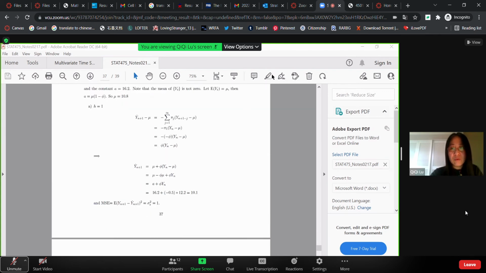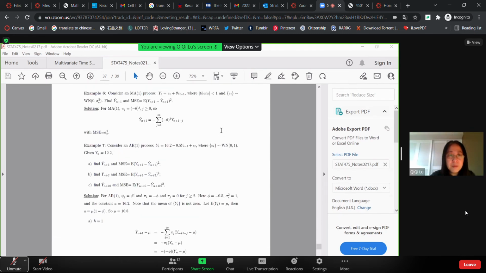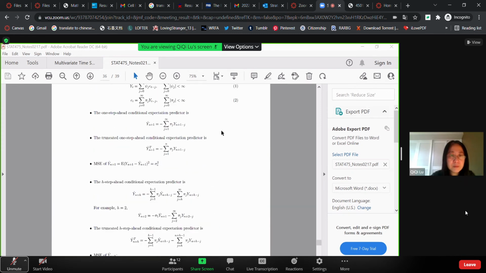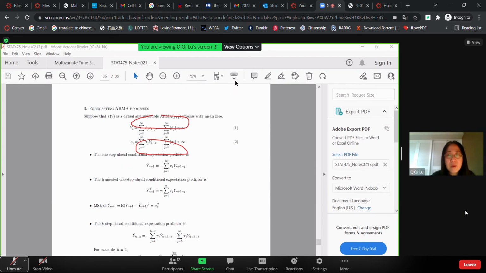So when h equals 1, see in all these formulas here, we assume mean 0, right? If the mean is not 0, we subtract the mean first, do the forecast, and then after that we add the mean back, because the mean is just constant.